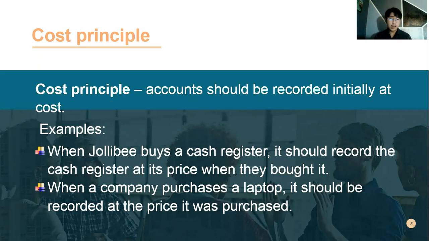Nothing less or nothing more than. Kung ilan yung exact amount na pagbili ng cash register, it must record it into exact amount. Okay? Hindi sobra, hindi kulang. Okay? So yan yung isang principle sa every business or companies that must possess.